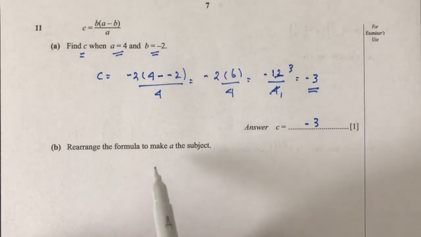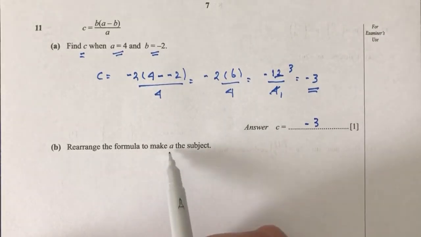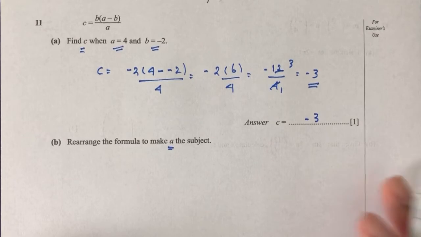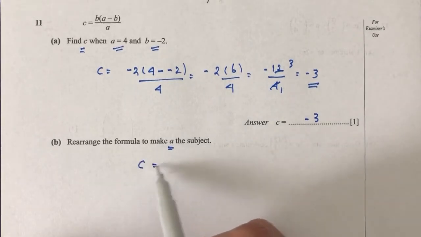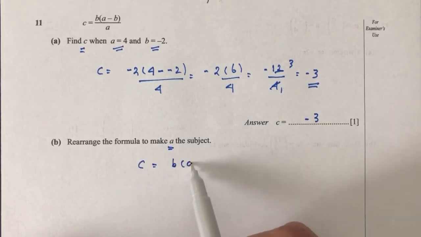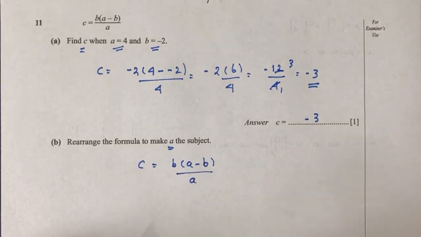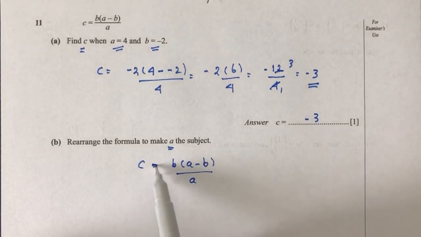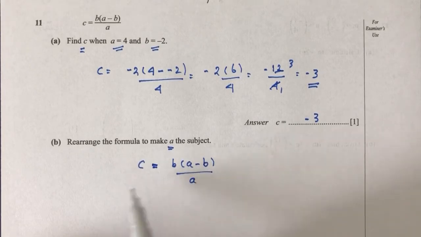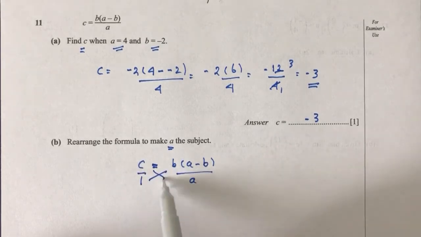So now rearrange the formula to make A subject of formula. So we have C equal to B bracket A minus B over A. So the first thing we do when we have equal sign and a fraction on both sides, we cross multiply.